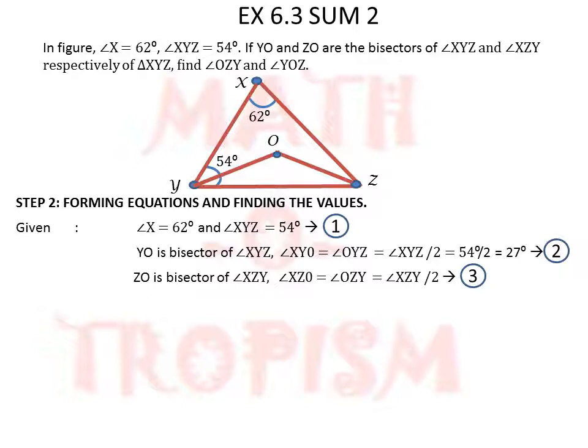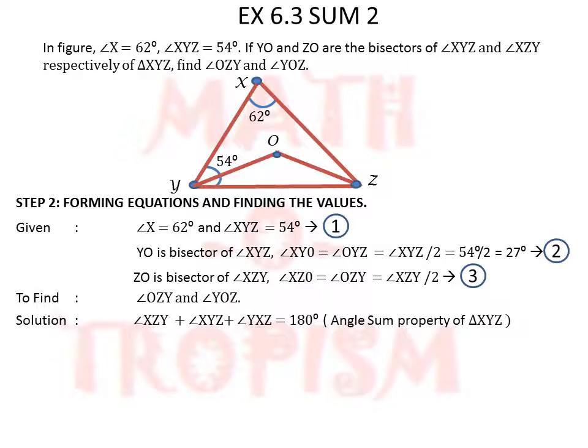Now what we need to find is angle OZY and angle YOZ. So to start with the solution, since we need to find OZY, we need to know the bigger angle, that is the total angle XZY. So angle XZY plus angle XYZ plus angle YXZ is equal to 180 degree from the angle sum property of the triangle XYZ. So from 1 we can substitute the values.